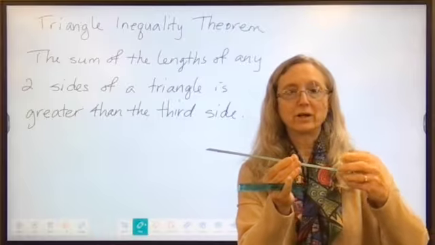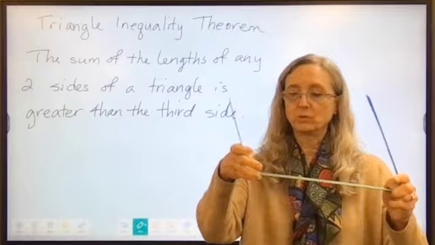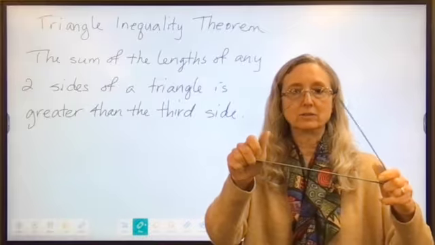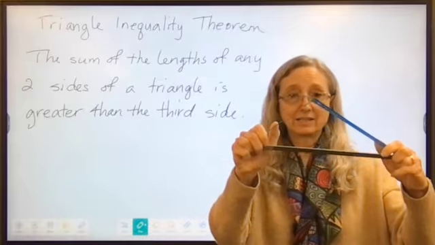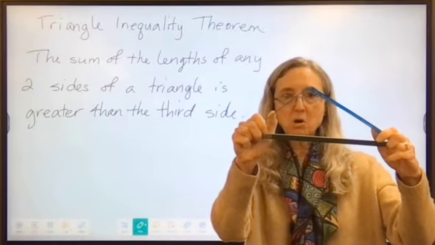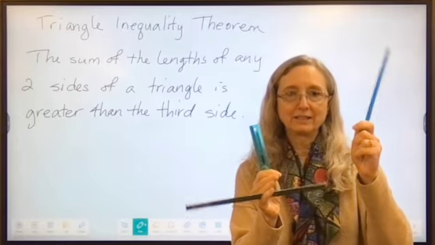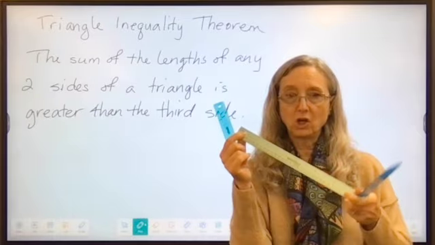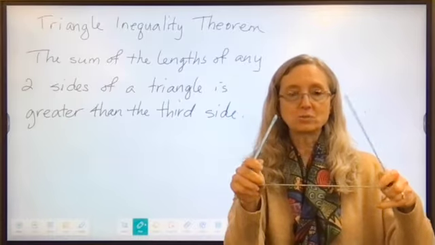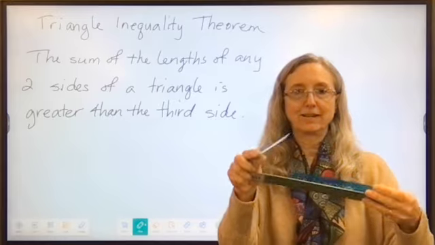I can put one on this end, the other on this end. Will they meet? Yes, they will. This makes a triangle, no problem. If I add up the length of this ruler and the length of this ruler, it will be longer than this, and that's why they come together like this and form a triangle.